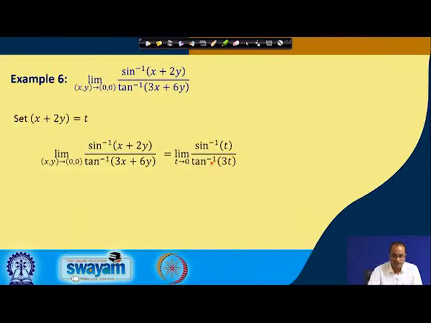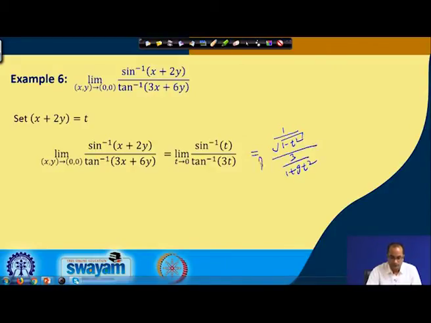In this case it is like 0 by 0, so we can apply L'Hopital's rule, which says this will be 1 over square root of 1 minus t squared, and here 3 over 1 plus 9t squared, as t goes to 0.